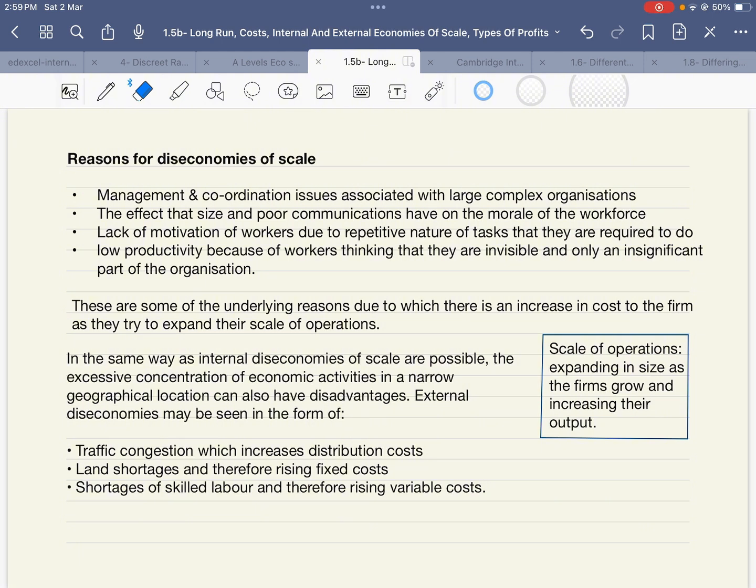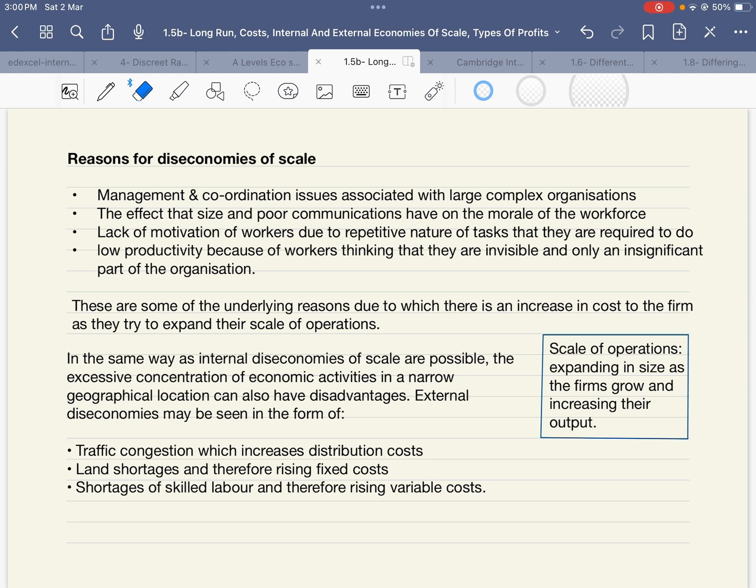When employee satisfaction is low, consequently employee morale will be low and hence productivity will be low, which will impact overall productivity and cost for the organization. These are certain factors that are normally overlooked as the firm increases its scale of operations, which means that they expand in size and grow with increasing output.